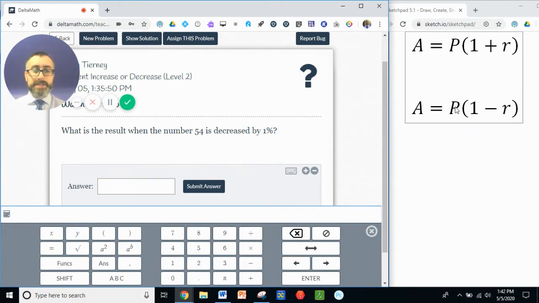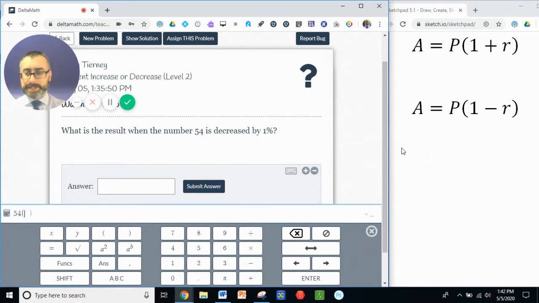So I'm going to type in my P, my principal, my starting amount. I started with 54. And I type parentheses, 1 minus, and then my R is my rate. That's that 1%.